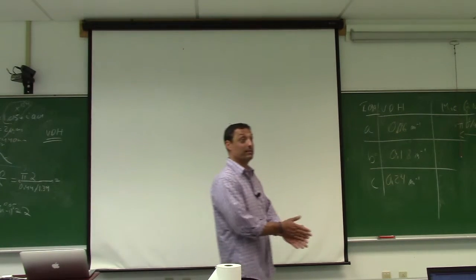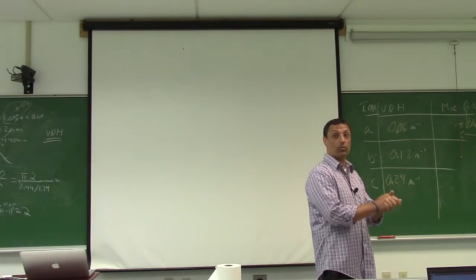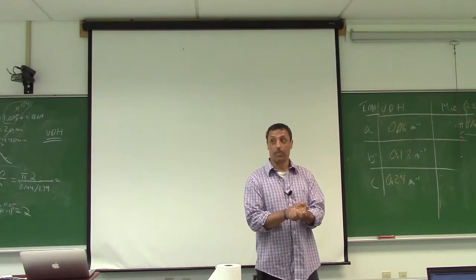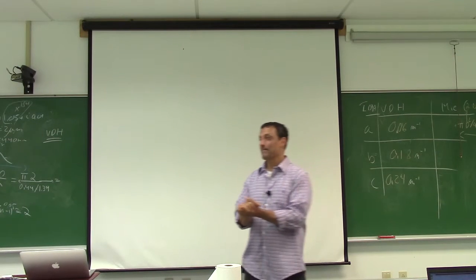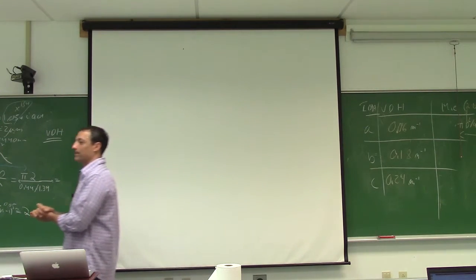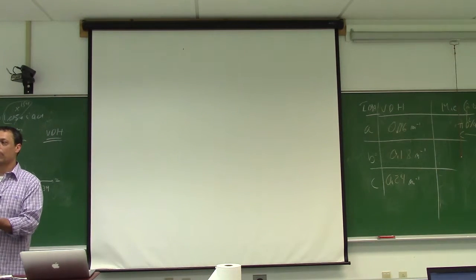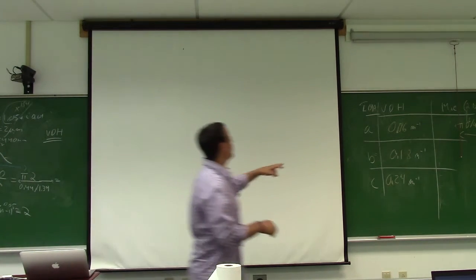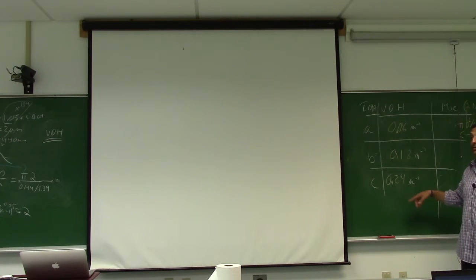Are we on? Everybody's good? So 0.06 for A, 0.18 for B, 0.24 for C, or something.